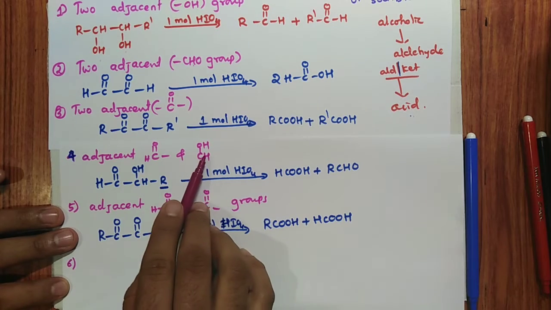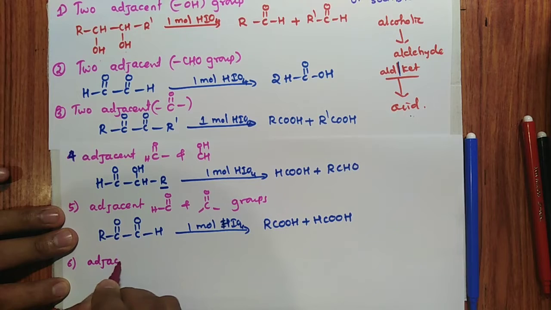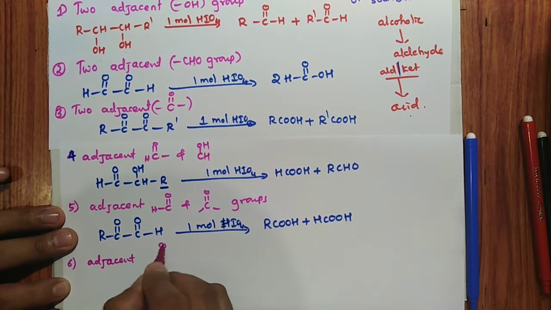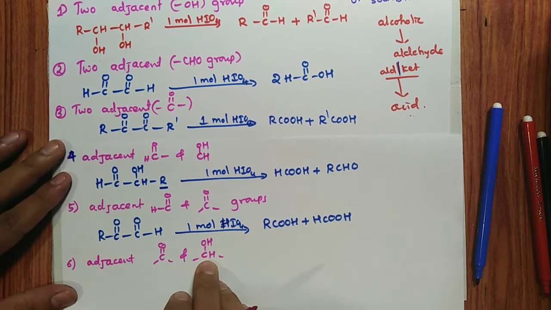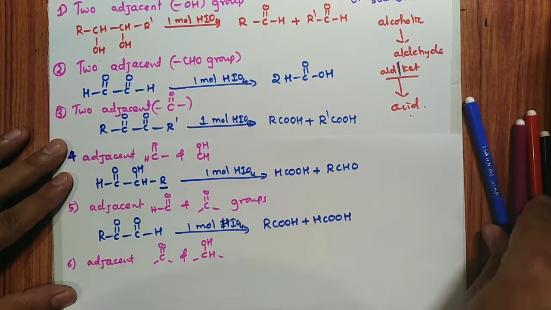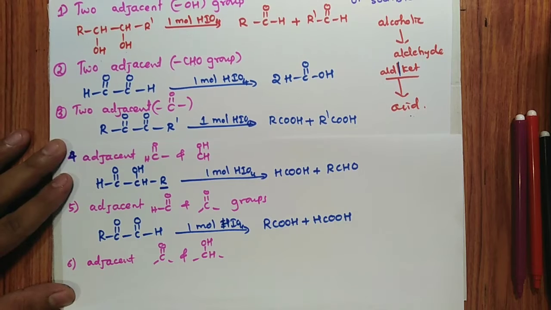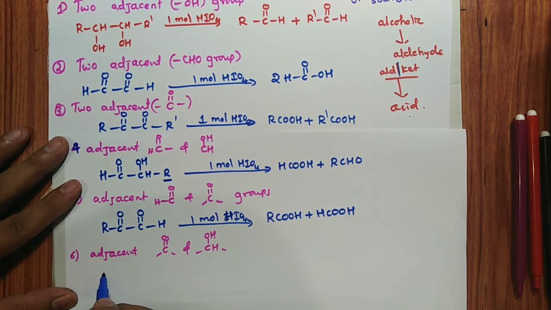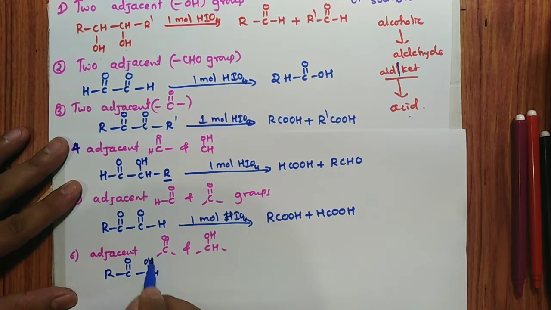Finally, another combination is left. Which one? Aldehyde alcohol we have seen. Ketone alcohol we have not seen. Yes, adjacent ketone, adjacent C double bond O and CHOH. This is the only combination left. In this particular case I am going to write R C double bond O, CHOH R dash.